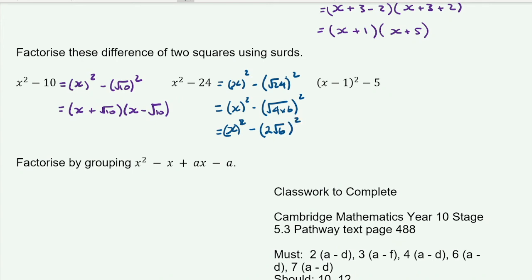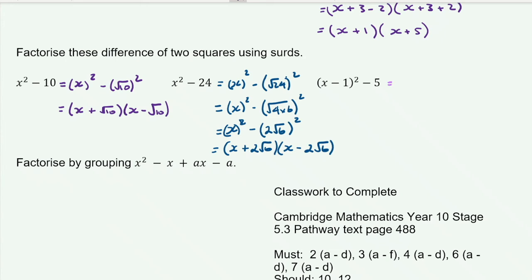There's no square there. So then we have x plus 2 times root 6, x minus 2 times the square root of 6. Now we haven't done a lot of work in simplifying surds, so that might be something that trips us up a little bit later on.